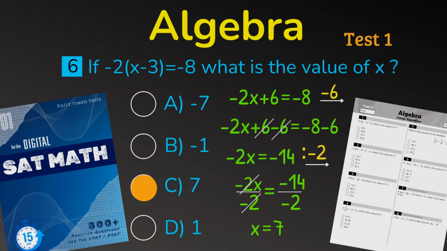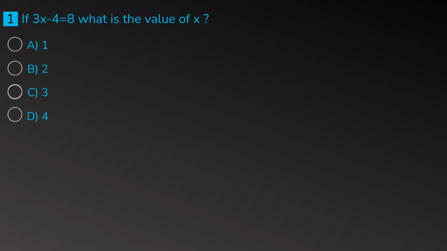Let's begin. Question 1 is, if 3x minus 4 is equal to 8, what is the value of x? Now remember, we want to get x by itself, and whatever we do to one side, we have to do to the other side. As you can see, there is a minus 4 on the left-hand side. To get rid of this 4, we could add 4.